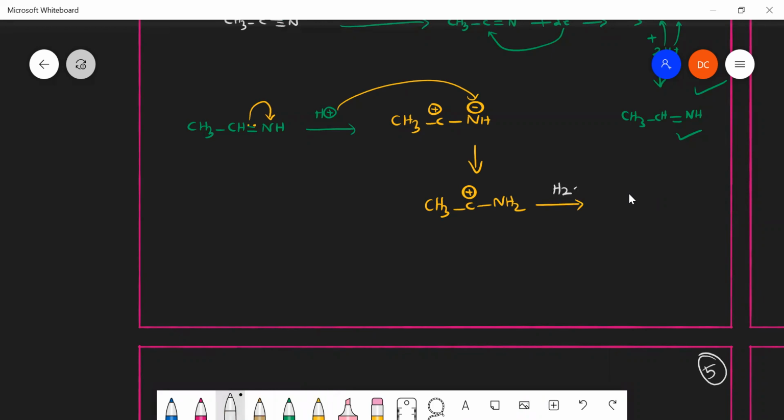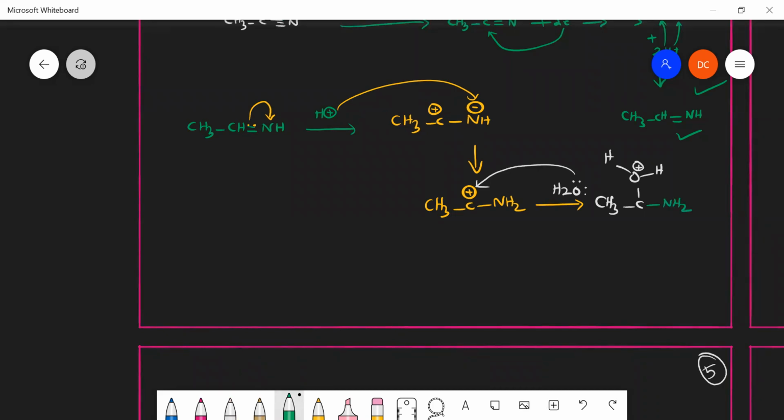To hydrolyze it, you have to add a water molecule. Water has a lone pair of electrons that can be donated to this carbon. Then CH3, C here O, H, H with positive charge. Why does oxygen get a positive charge? Because it can donate electrons to the carbon. Then NH2 is there.